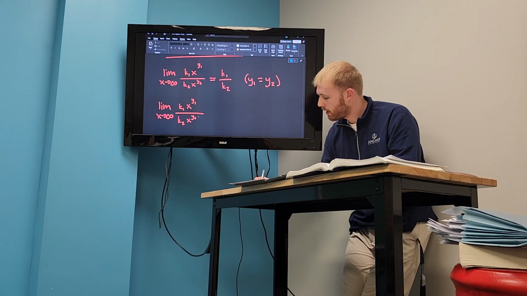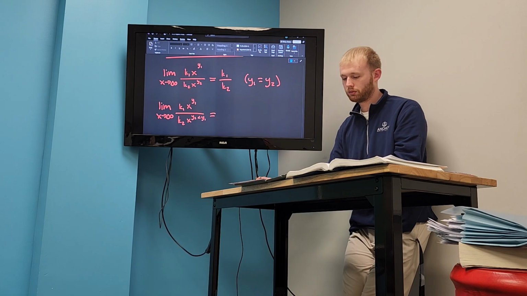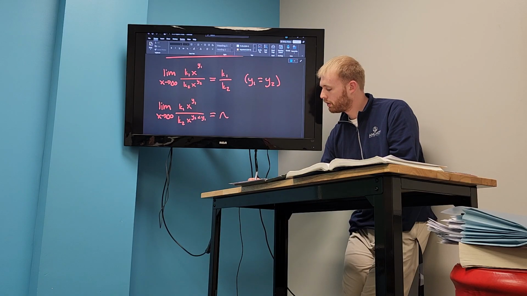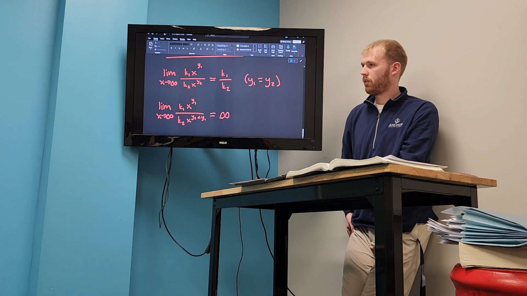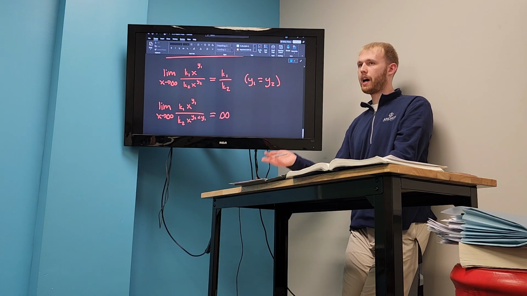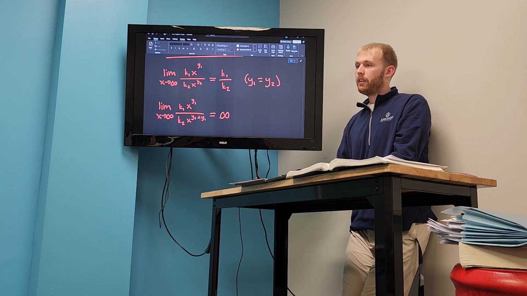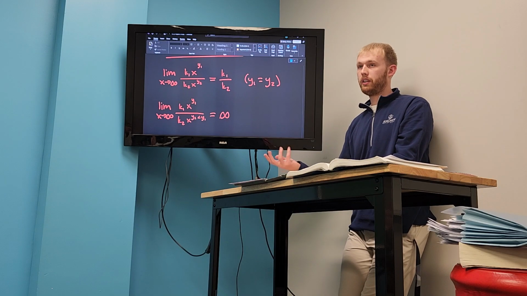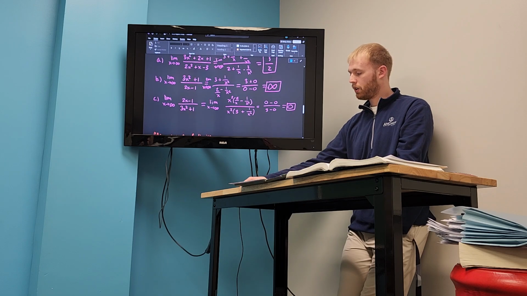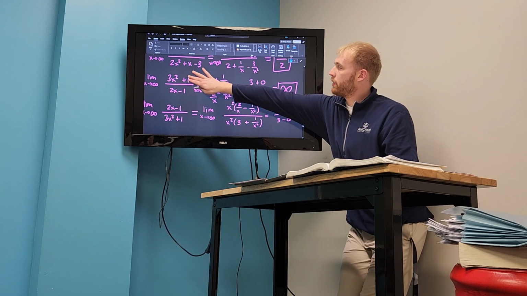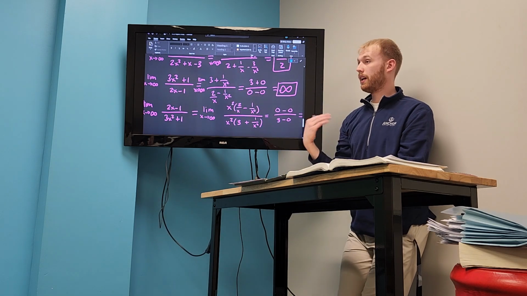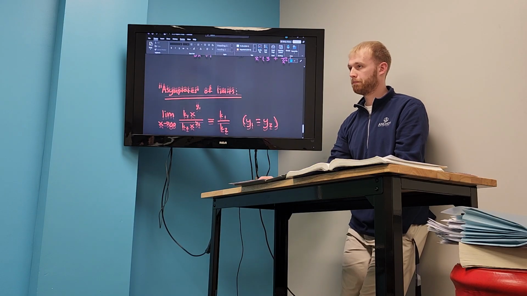There's the case where the denominator's power is smaller than the numerator's power. If the denominator's power is smaller than the numerator's power, then the numerator takes over and grows faster than the denominator, so it's going to be infinity. That's a case of Jonas. This power is greater than this one. It takes over, so it's going to be infinity.